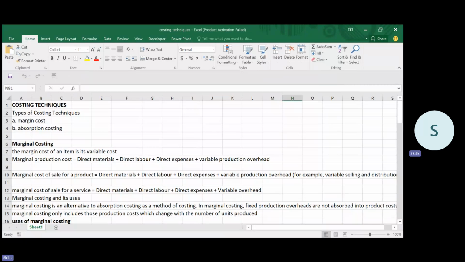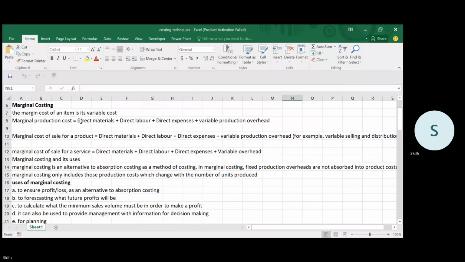Then marginal costing and its uses. Marginal costing is an alternative to absorption costing as a method of costing.